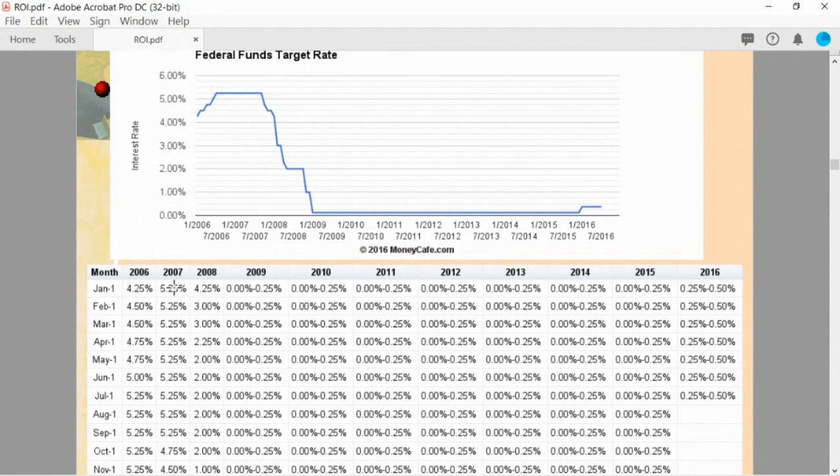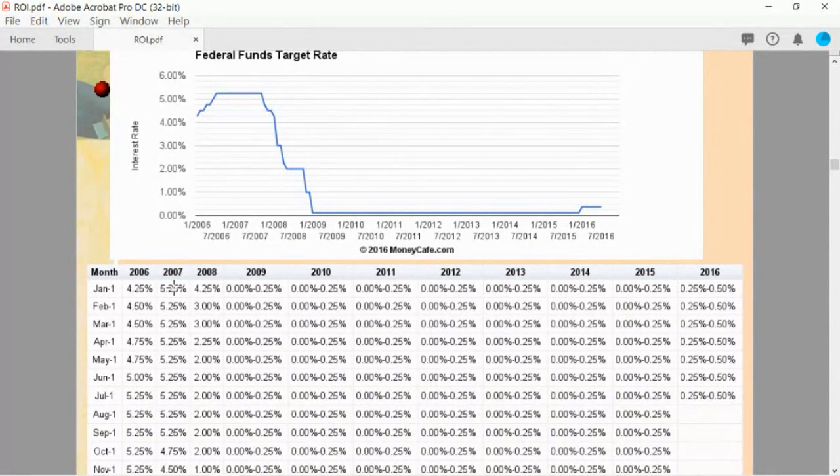Because when the Federal Reserve changes the interest rate, they do it gradually, by a quarter percentage point, quarter by quarter.